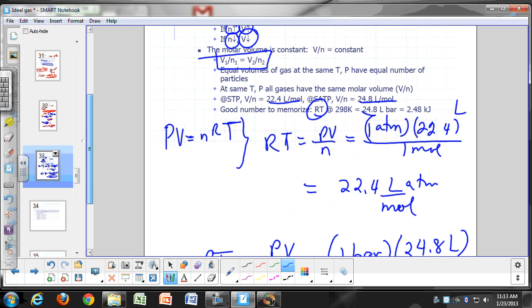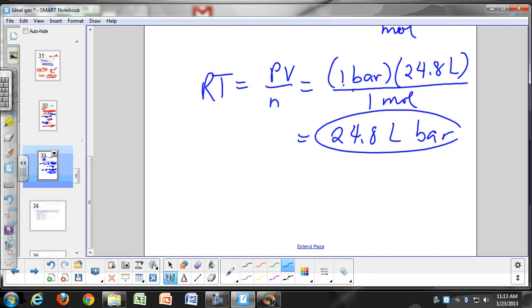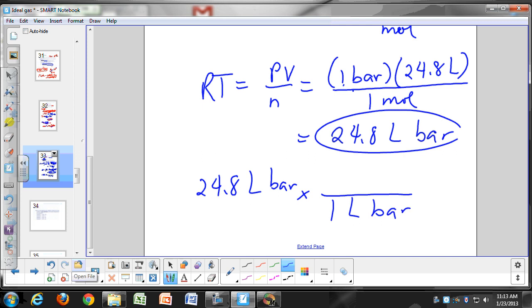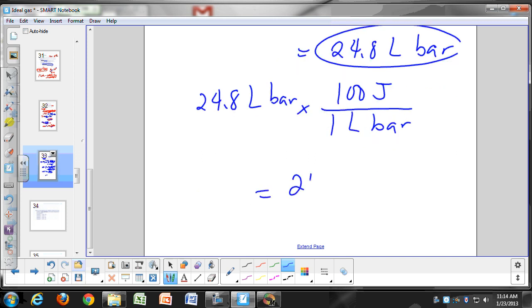So 24.8 liter bar, or since a liter bar is 100 joules, okay? So 24.8 liter bar, and 1 liter bar is 100 joules. That gives you 24,800 joules, or 2480 joules, right?